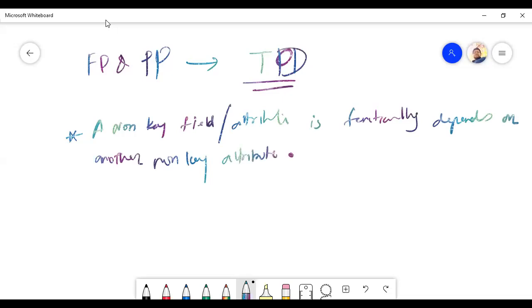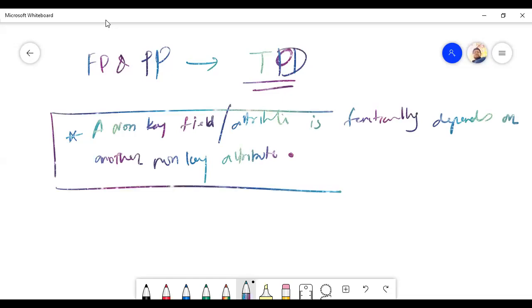This is called transitive dependency. It means one non-key attribute depending on another non-key attribute. Not the primary key, it depends on another non-key attribute, right?